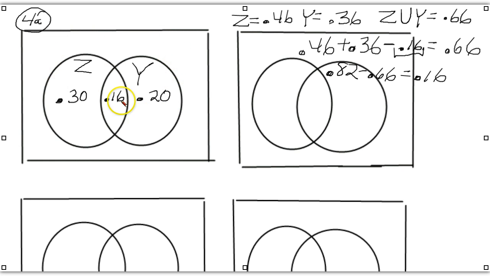And if we take that away from 100, we get out here 0.34. So for our answer, when we want to take the probability of Z complement intersecting with Y complement, we're getting the same diagram again, and the part where they're both colored is 0.34.